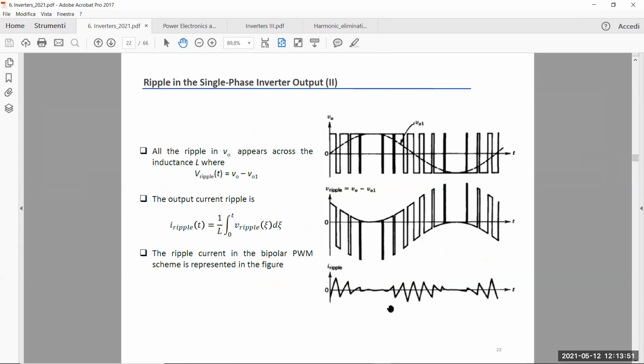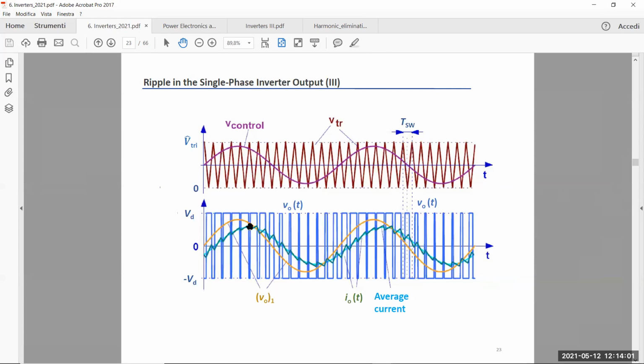For example, the ripple is very small when the output voltage fundamental component is at the higher level, because the difference basically is small. And as you can see, this is exactly what happens here. When the orange curve, which is the fundamental component, is at the higher part, the ripple, the green curve here, is very small.